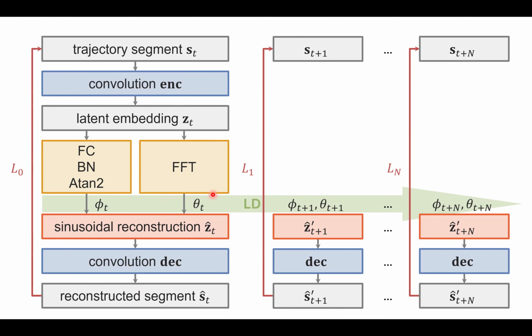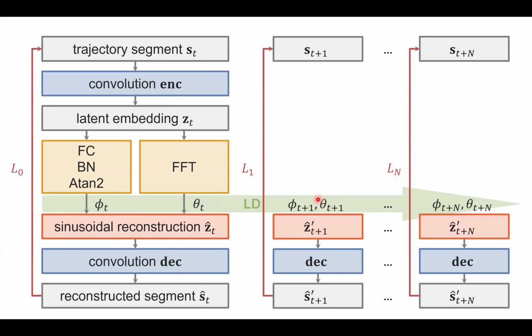But instead of doing this per step, we can also propagate our motions forward using some latent dynamics, where theta is the frequency, amplitude, and offset in the latent space. I assume they don't change over time in my short motion period. So theta t plus 1 equals theta t, and the only changing part is the phase variable.